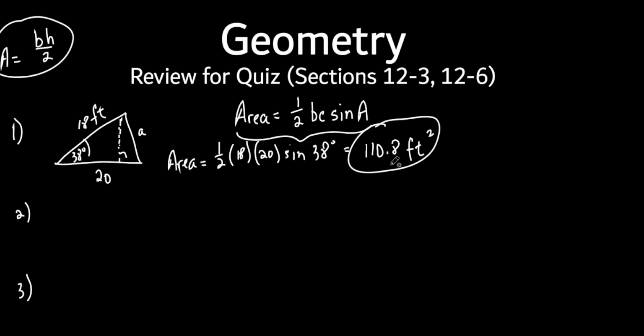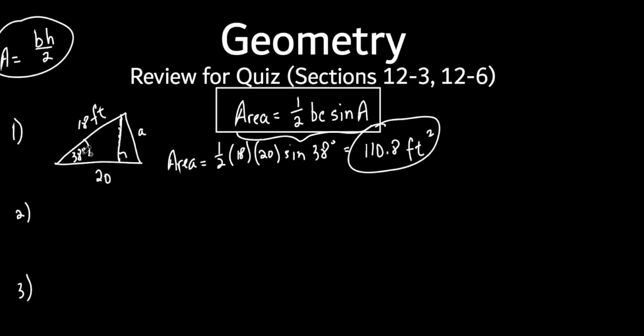Okay? It's easy, isn't it? Just got to know this formula. You could do it another way, couldn't you? You could have found the height. How would I find the height? Well, I know this side of this right triangle. This is the hypotenuse. That's opposite. That's where they get the sine from. You see that?